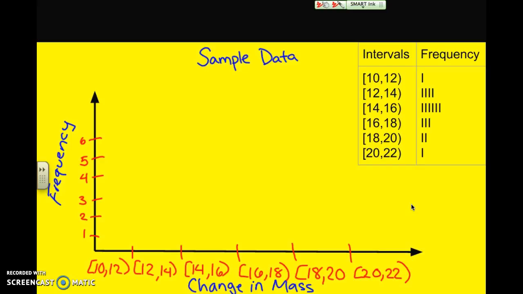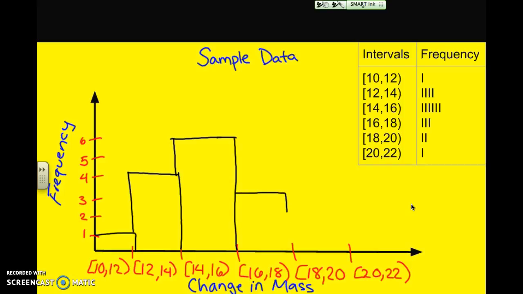All right, finally, we make the bars. So 1 here, 4, 6, 3, 2, and 1.